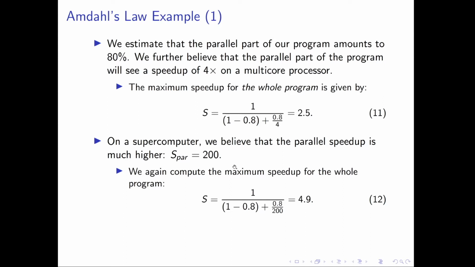Then we again compute the maximum speedup for the whole program. Some people might find this a bit disappointing, because in absolute terms it doesn't feel much faster than the speedup that we achieved on the multi-core processor, even though the parallel parts of the program scale so well, so to say.